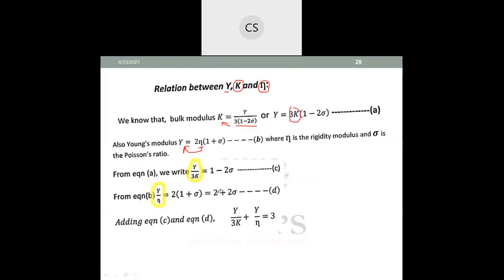So 1 plus 2, that is 3, minus 2 sigma plus 2 sigma. So this will get cancelled. Correct?